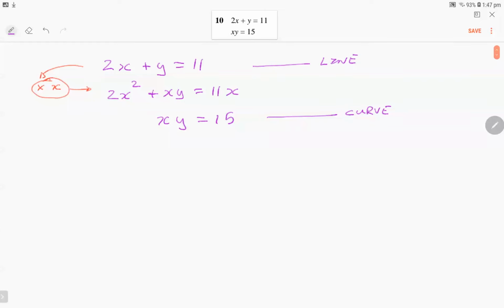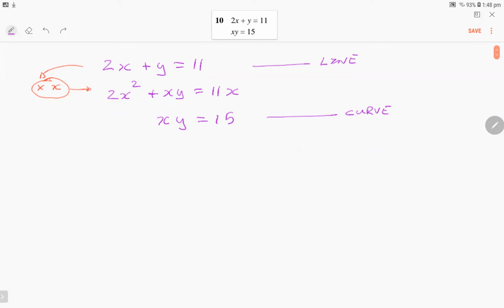What it means is that this xy right here, I can replace with 15, because the curve is saying xy equals 15. So this time, I'm going to substitute for the xy. I'm going to substitute the curve into the line.